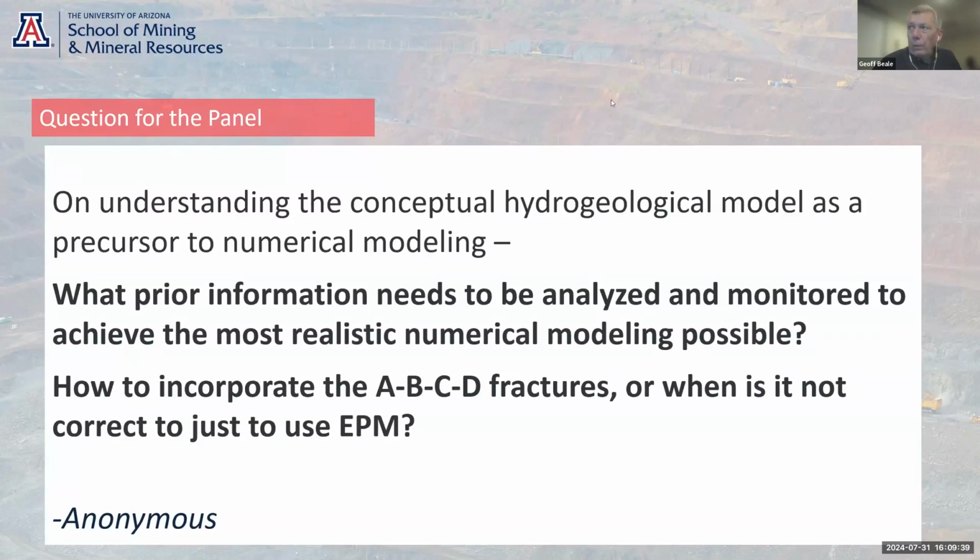So what you would normally do is select the A structures and possibly the B structures on a wider scale and incorporate them into an equivalent porous medium model. So incorporate them into an EPM model.